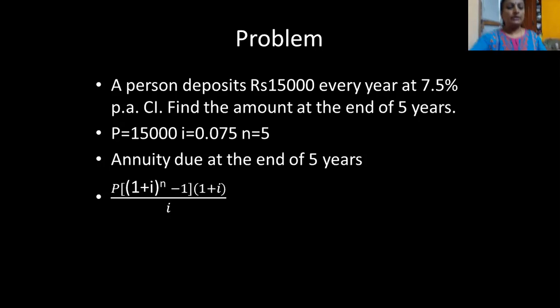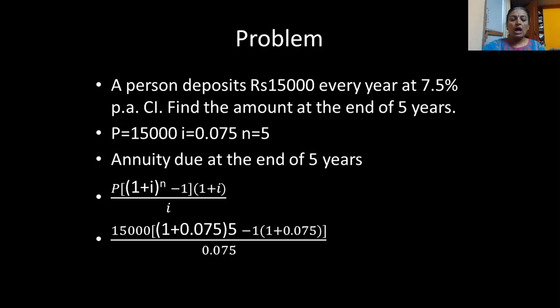Let us put what is given in the problem into the formula. Instead of P we take 15,000, and 1 plus I, that is 1 plus 0.075, raised to the power of n, that is 5, minus 1. Again in the bracket 1 plus I, that is 0.075, and it should be divided by I again, that is 0.075.